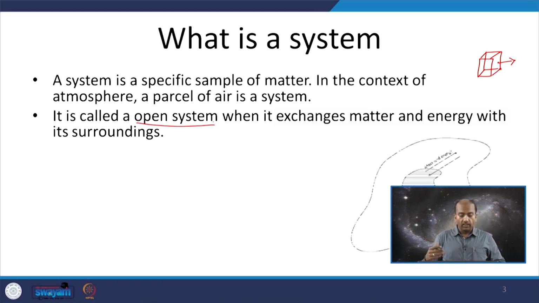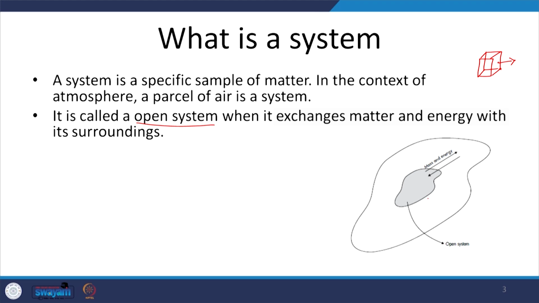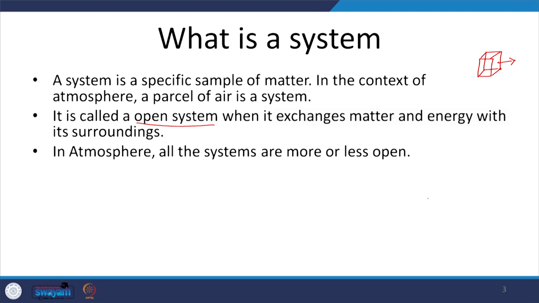Now, the inner contour that you see with a shaded region is an open system which is able to exchange mass and energy with the surroundings. There are specific ways you define surroundings as well, but this kind of system which allows this transfer of mass and energy is called an open system, right.